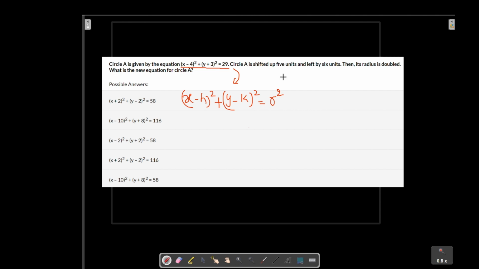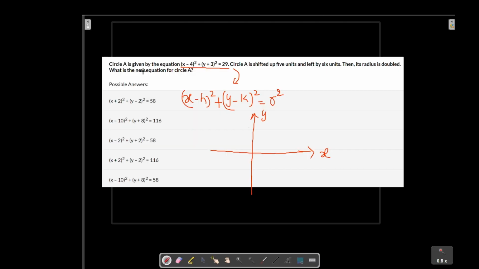Here, transformation, we have 4 transformations. 2 are associated with y-axis, 2 transformations are associated with x-axis. The transformation shifting up means we are moving in this direction.